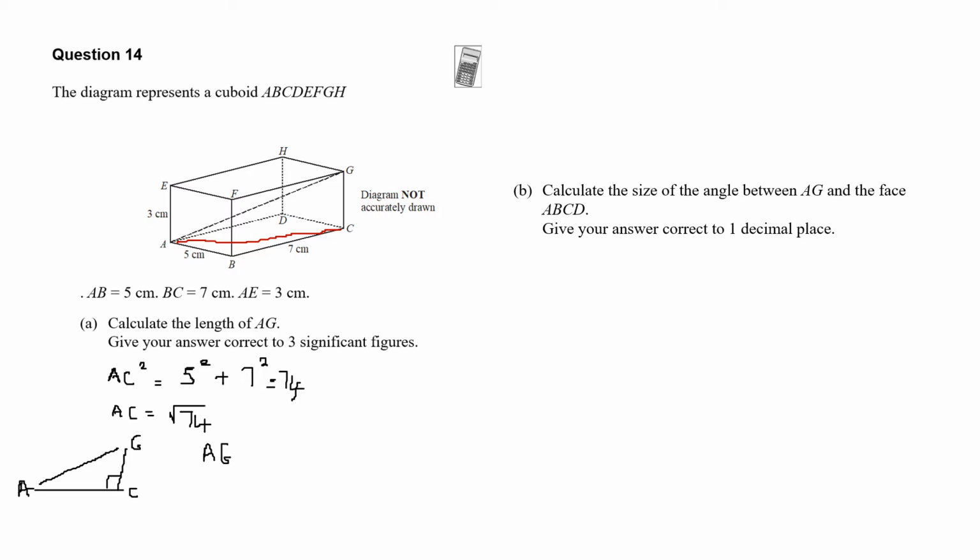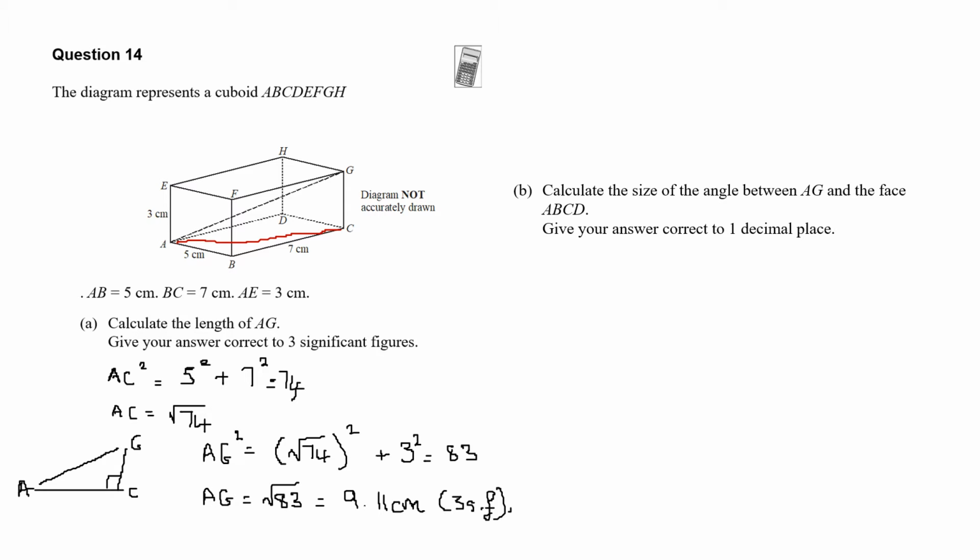AG squared will be AC squared, which will be root 74 squared, plus GC squared, which will be 3 squared, and that will give me 83. So therefore AG will be the square root of 83, and we're asked for this to three significant figures. So AG is 9.11 centimetres to three significant figures.